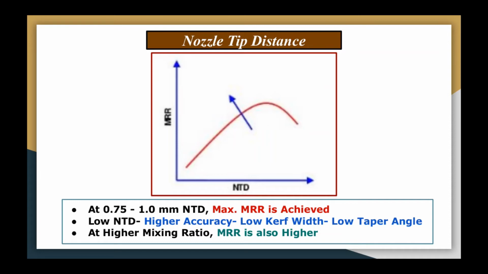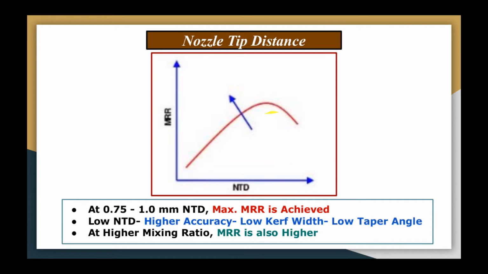Now here you can see the effect of nozzle tip distance on the volumetric MRR, material removal rate. It also has more or less the same trend, or same nature, as in the previous one.